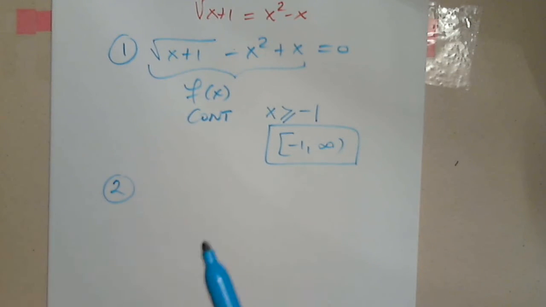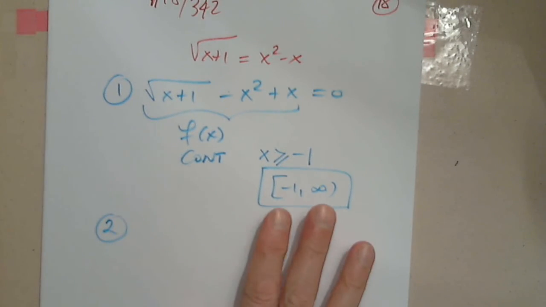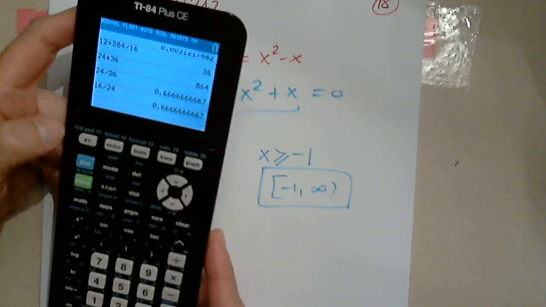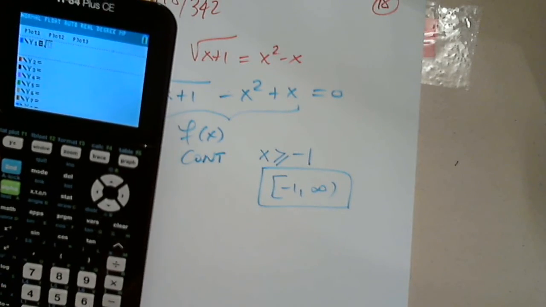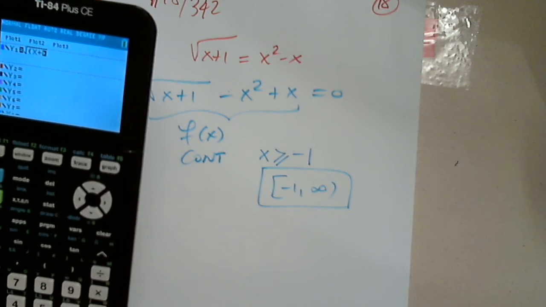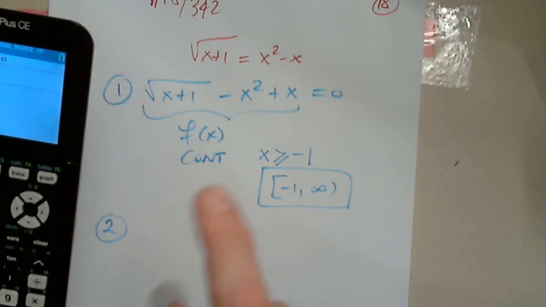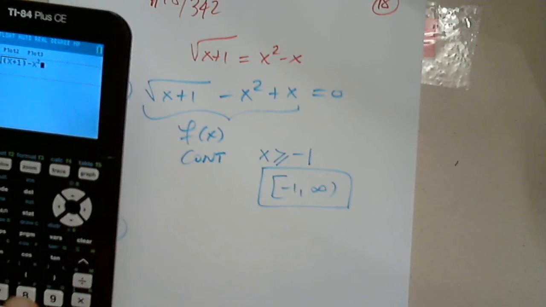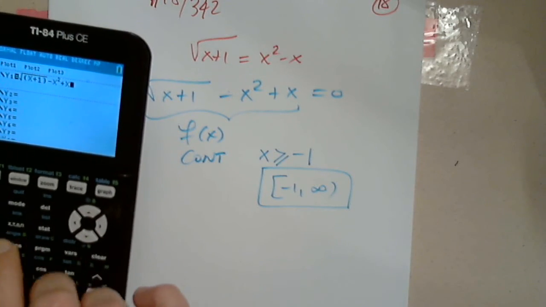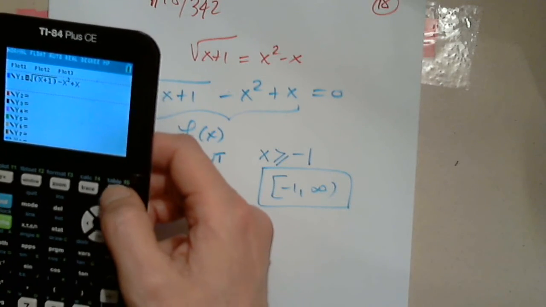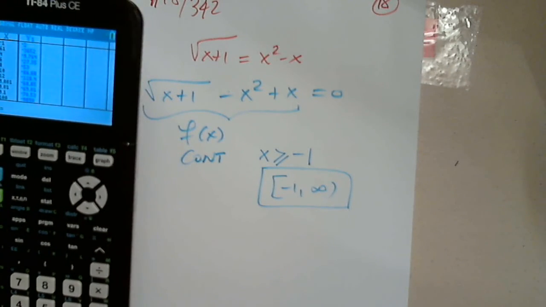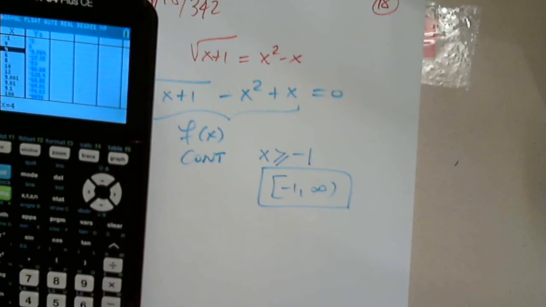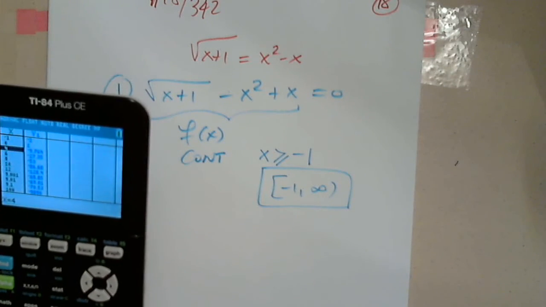Okay, number 2, we plug it in the calculator to find an interval where there is a solution. So in y equals, clear, the square root of x plus 1, and then minus x squared, and then plus x, and go to the table and start plugging in some numbers starting with -1. -1, 0, I'm done.